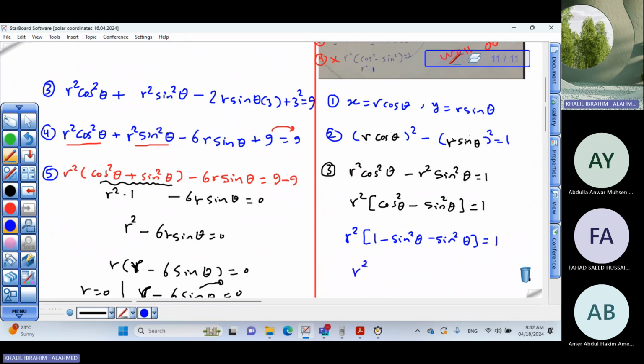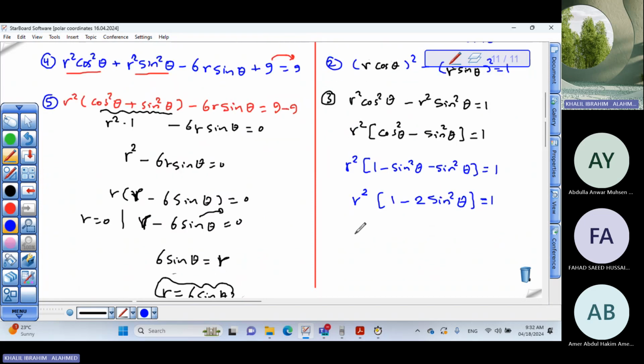This is r squared times (1 minus 2 sine squared theta) equals 1. Okay, that's it. This is the equation. We can write here r squared equals 1 over (1 minus 2 sine squared theta). This is the equation that I get.